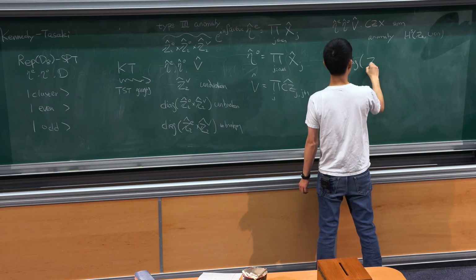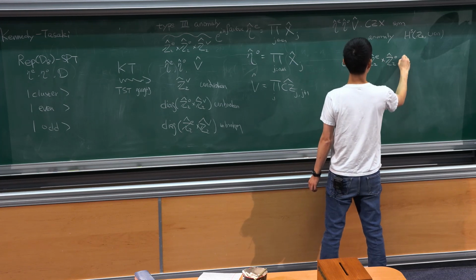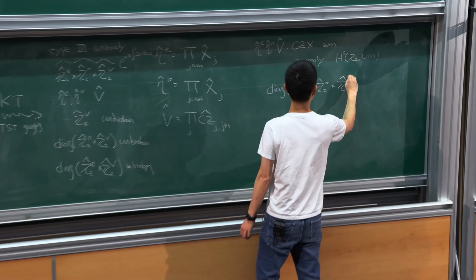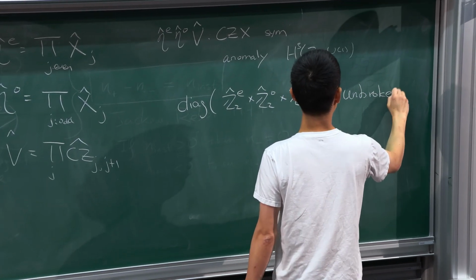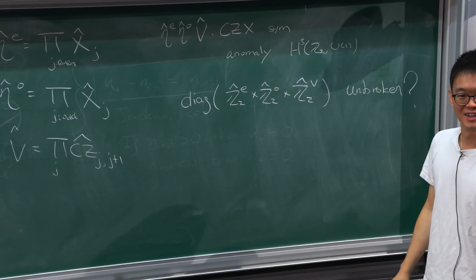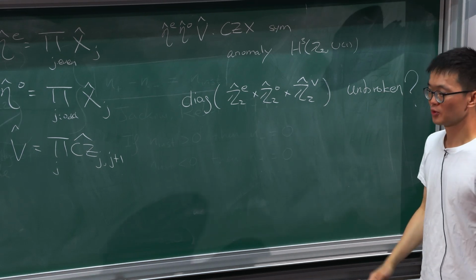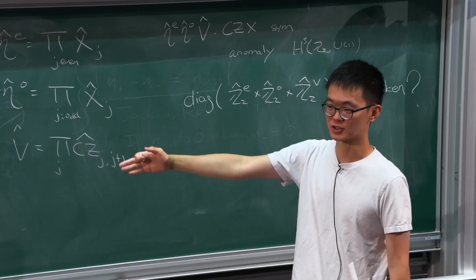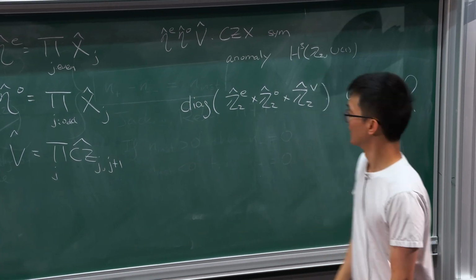What about the diagonal of Z2 even, Z2 odd, and Z2 V unbroken? That's right. So naively, there is this fourth option, which would lead to a contradiction, because mathematically there are only 3 such SPTs.